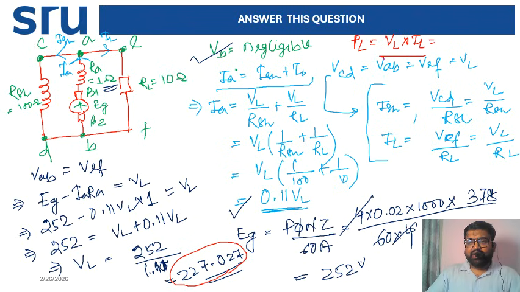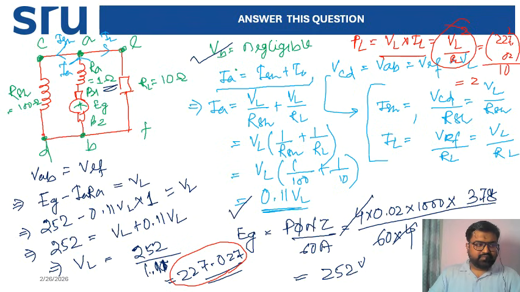That is, you can put VL square by RL. Then VL square means 227.02 whole square, by your RL value, which is 10. Then the answer will come as 5.5 0.35. This is all about your answer.